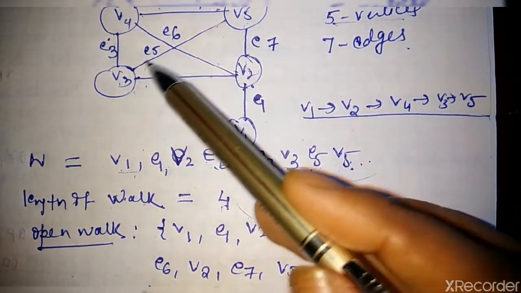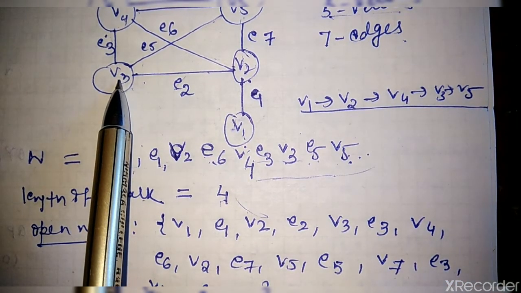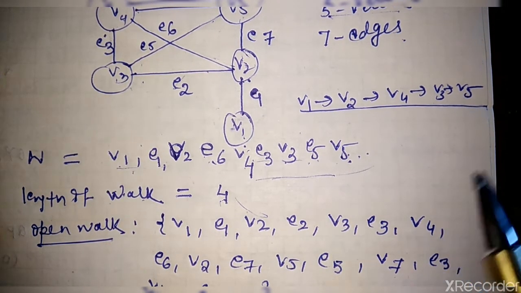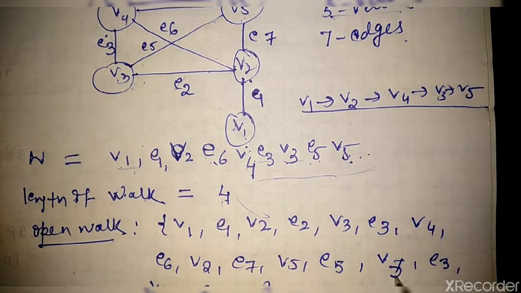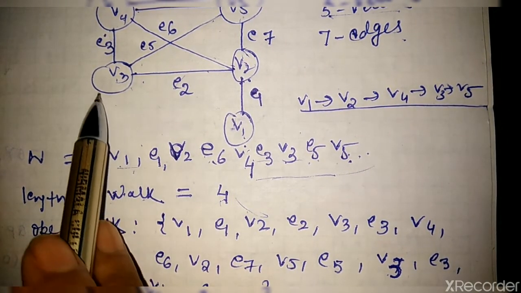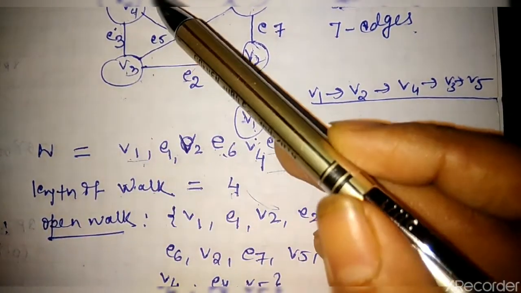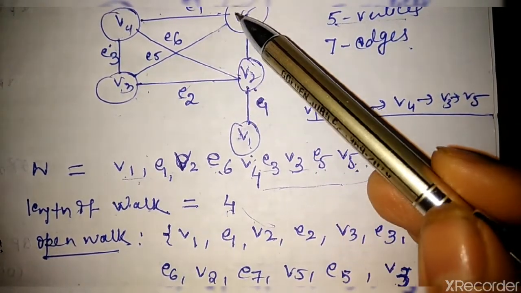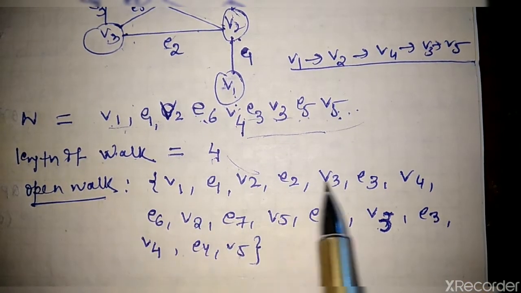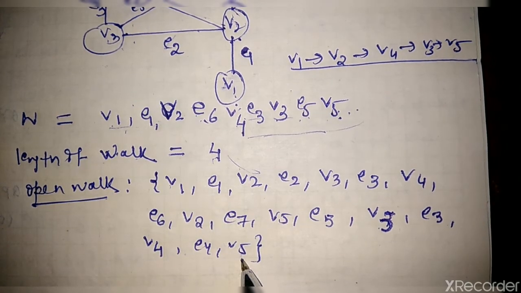We again go with the edge E5 and again reach V3. After V3 we have E3, and E3 to V4, then V4 to E4, and then V5. So this way we have taken this walk. Here the walk starts from V1 and we end up with V5. So this is known as the open walk.